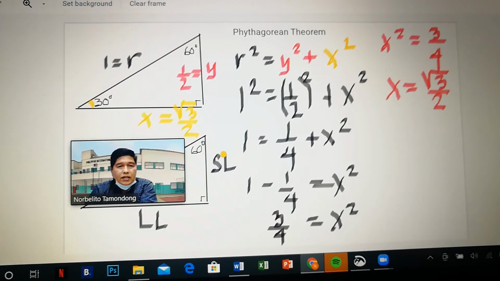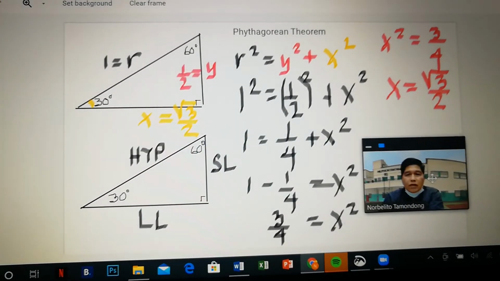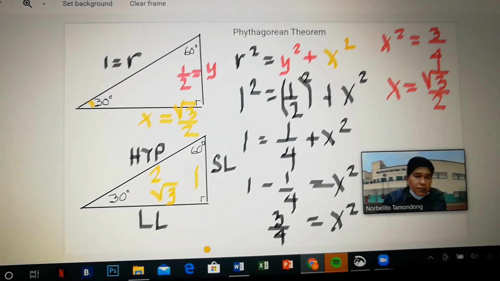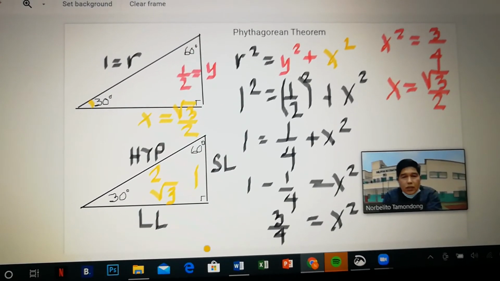Now from the triangle, if we multiply the sides by 2, 1 becomes 2, the 1/2 becomes 1, and the square root of 3 over 2 is square root of 3. So the sides now of the right triangle is 1, 2, and square root of 3.